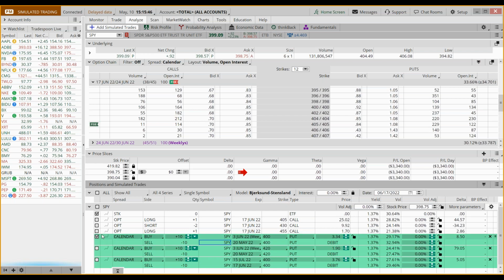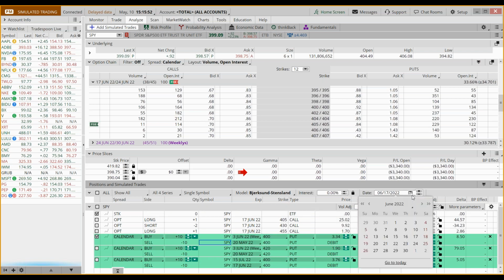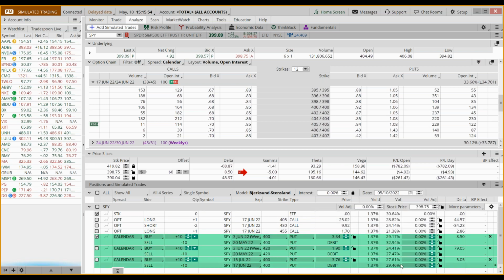Oh, it's the date. Go to today. So here the gamma is 2. I must have been missing something. It was off.